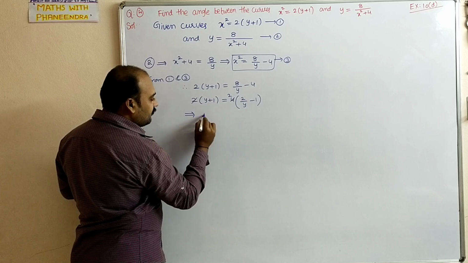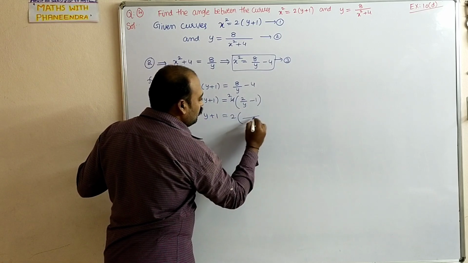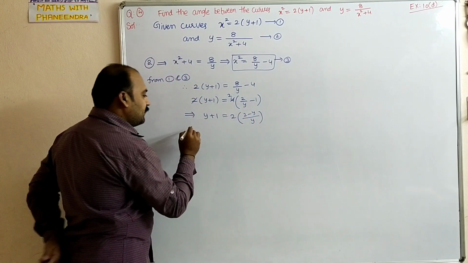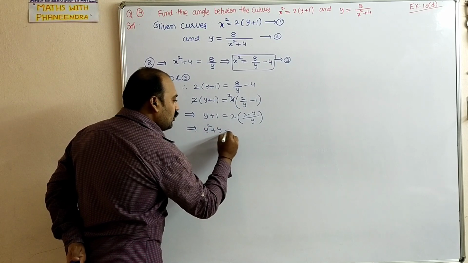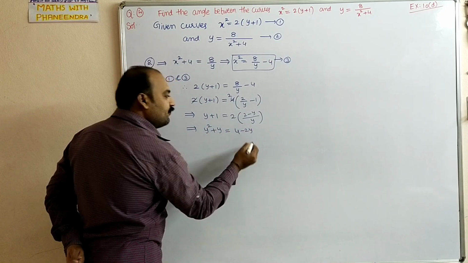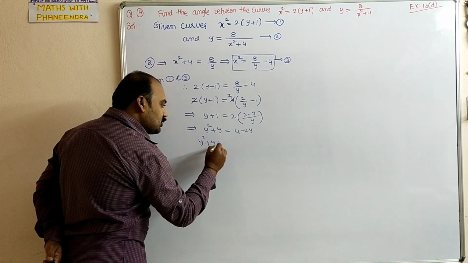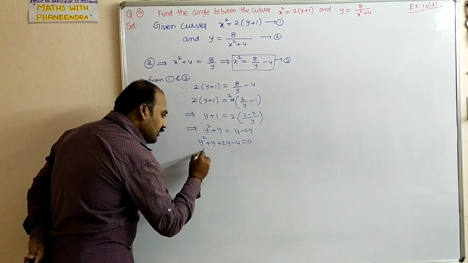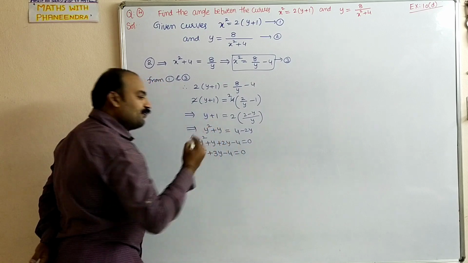That implies that y plus 1 is equal to 2 into y LCM, 2 minus y. Cross multiply: y into y square plus y equals 4 minus 2y. That we can take here, y square plus y plus 2y minus 4 equals 0. So y square plus 3y minus 4 equals 0.